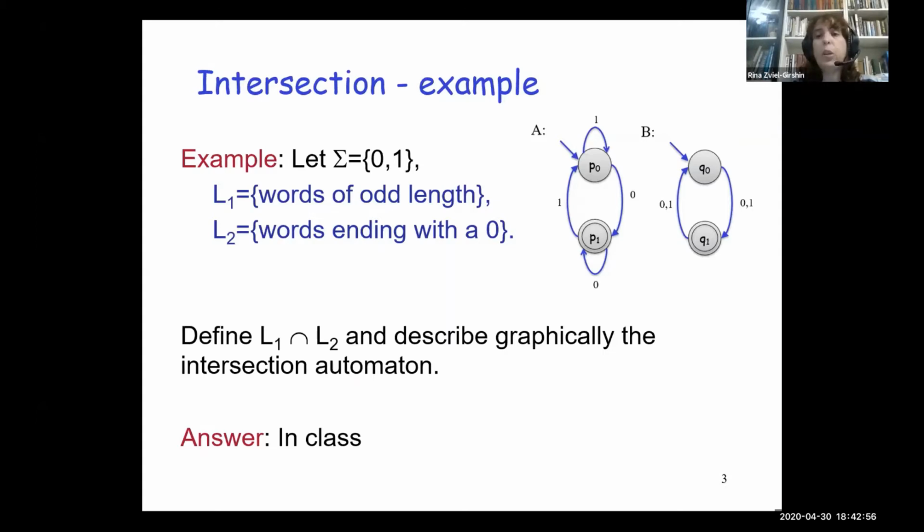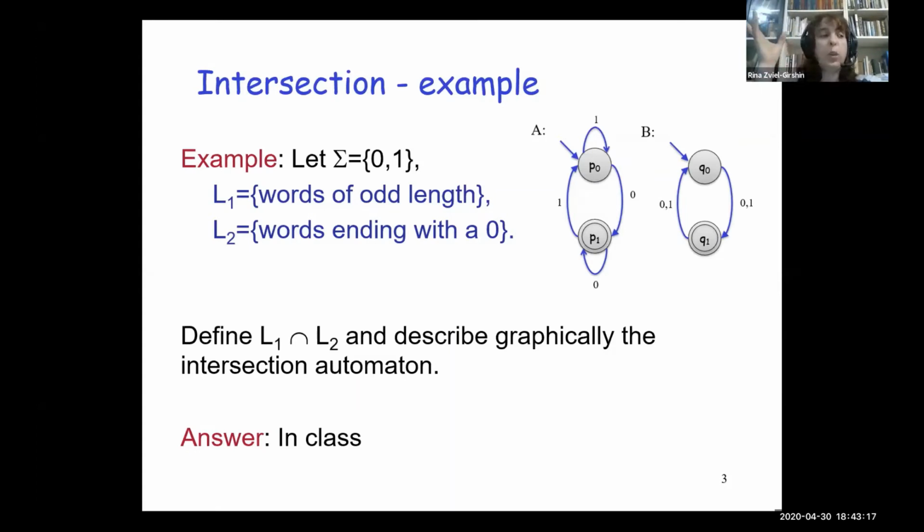So basically, I would like to remind you that during the lecture, we started to build a new automaton, which was built from a couple of states. We took one state from automaton A and the second state from automaton B, and we construct the intersection automaton.